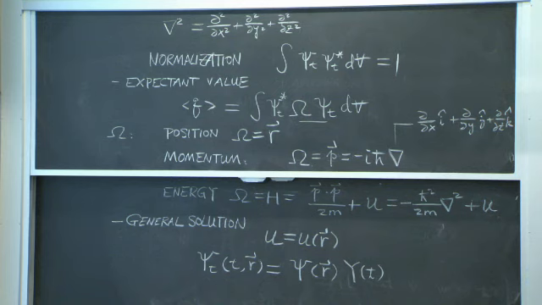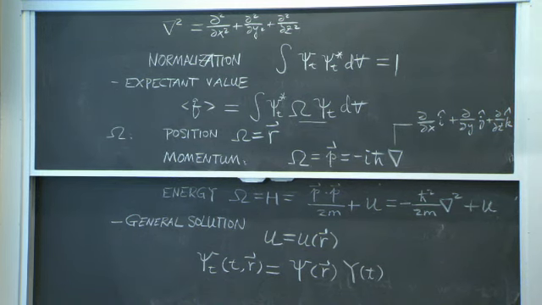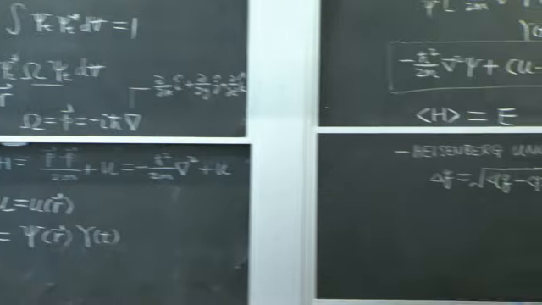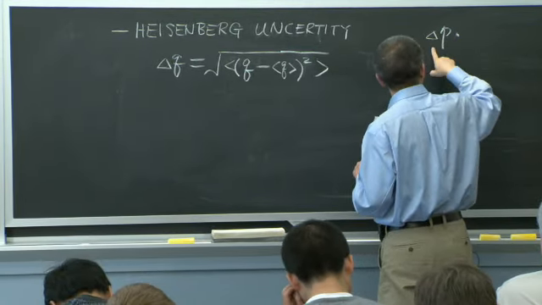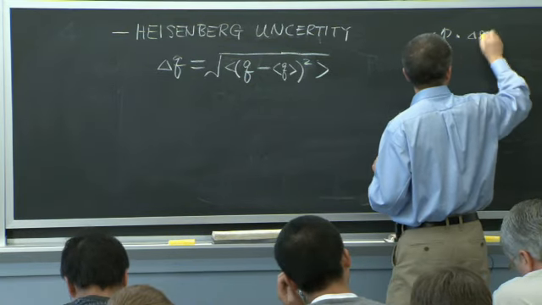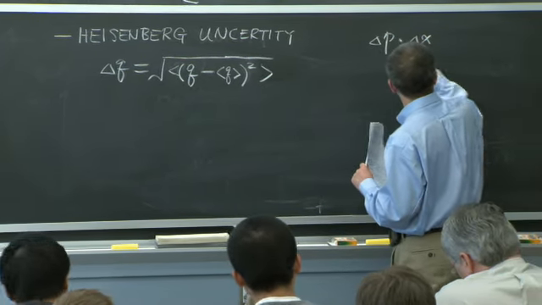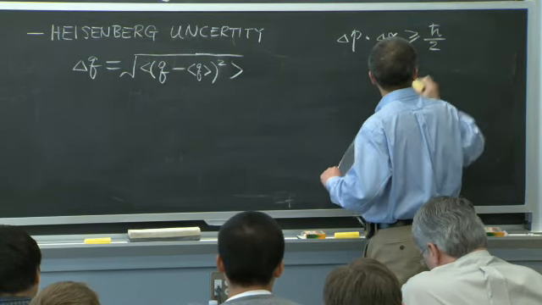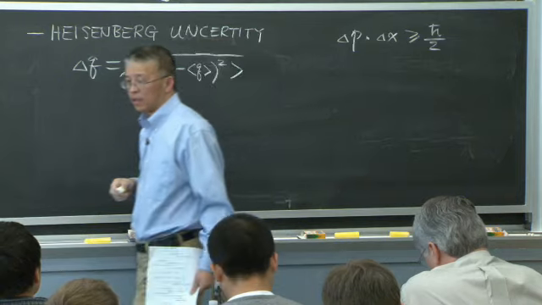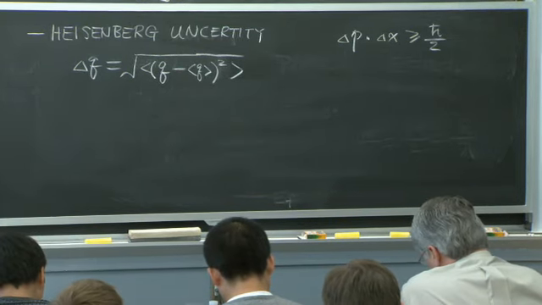And what the Heisenberg uncertainty principle tells you is, for example, momentum and space are conjugate pairs, and you can never reach a precision better than h bar over 2.